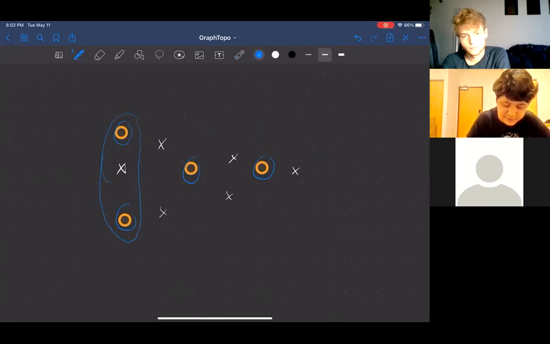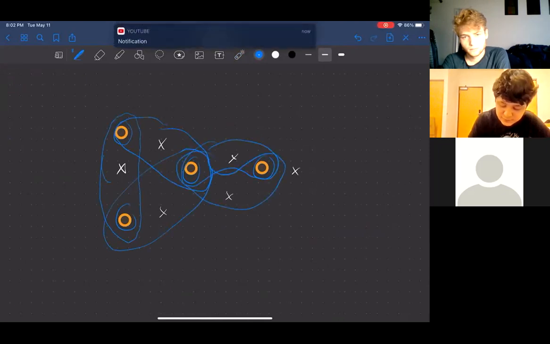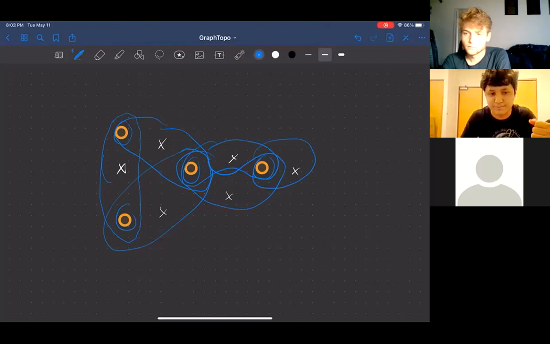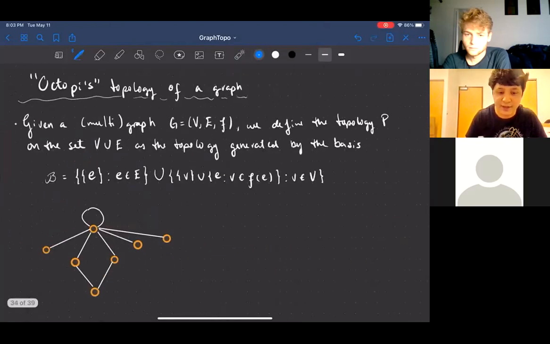So we have these open sets here. It turns out that this topology does satisfy the properties we were looking for, and it is a solution to the problem we posed.